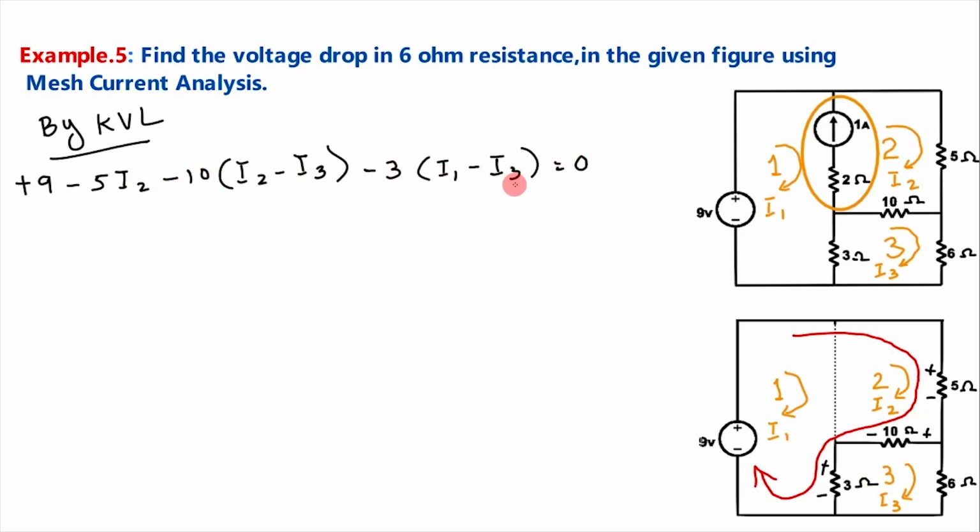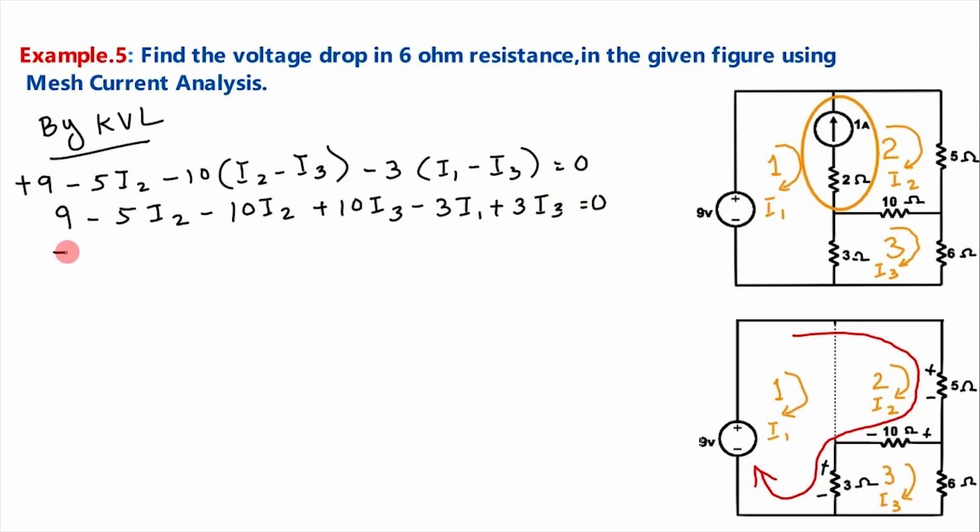Expanding and simplifying it, we will get 9 minus 5 I2 minus 10 I2 plus 10 I3 minus 3 I1 plus 3 I3 is equal to 0.